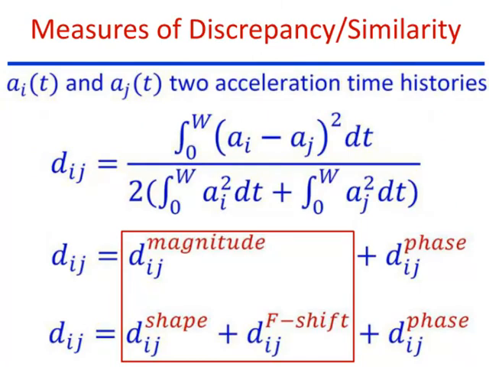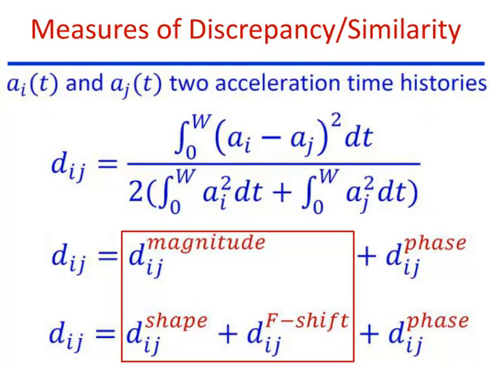One way of quantifying the overall discrepancy between two accelerations is to use a mean square deviation normalized so that it varies between 0 and 1. And that is given by the top equation. This discrepancy may be expressed as the sum of two components. One component is a discrepancy in magnitude, the other is a component due to the discrepancy in phase.